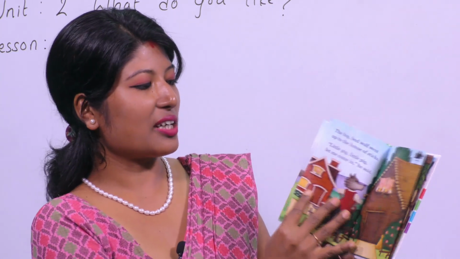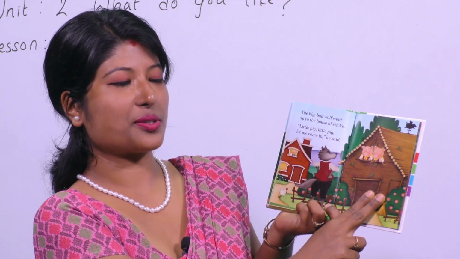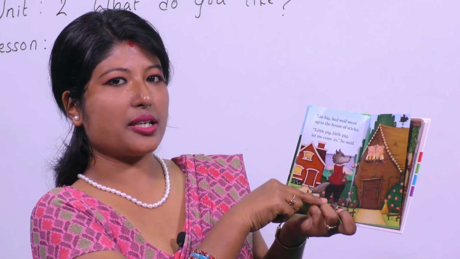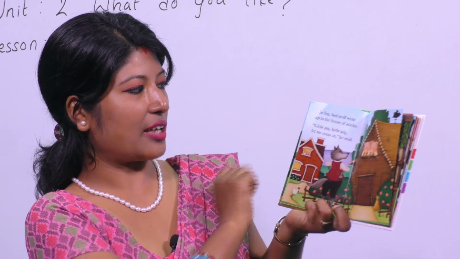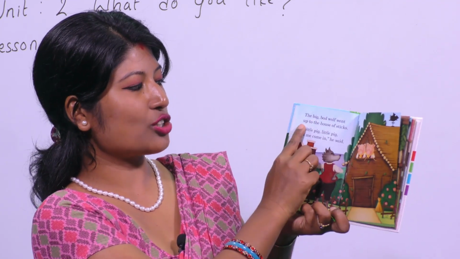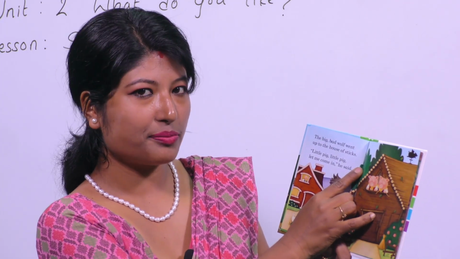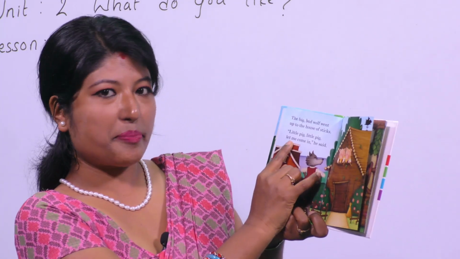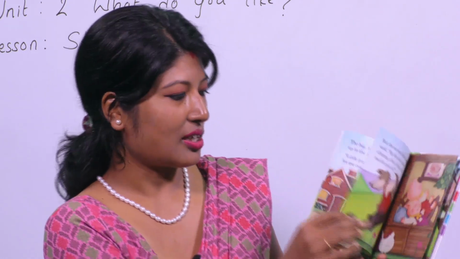Okay, and then what happened? Let's see. So both pigs stayed in the log house, and the big bad wolf came again. The big bad wolf went up to the house of sticks, and what did he say again? "Little pig, let me in," he said.